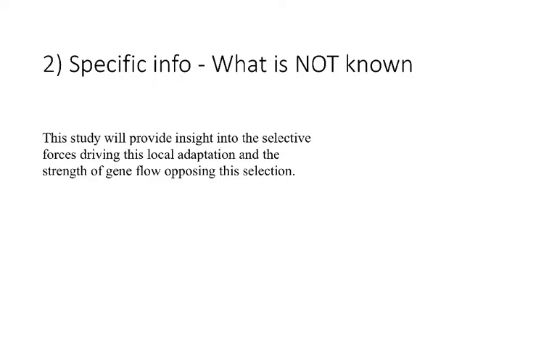So you could say something like, what is not yet known is the selective forces that are driving this local adaptation and whether gene flow strongly opposes selection, something like that. But I would explicitly state something like what is not yet known is blah, blah, blah. So you can really make your knowledge gap very clear.